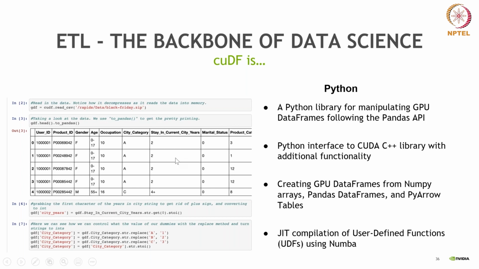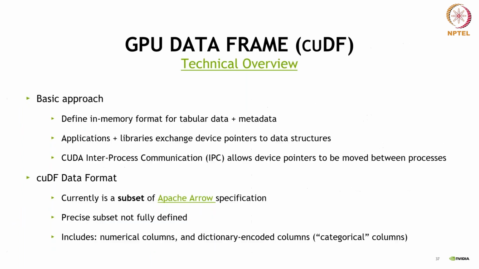It is actually having a Python interface for the CUDA C++ library behind the scenes. It has the interface very similar to your CPU side of the world, and it supports high performance using JIT based compilations also if required, using a module called Numba. So again, this is a repetition of what we said, but it's kind of clear with respect to what cuDF is used for.